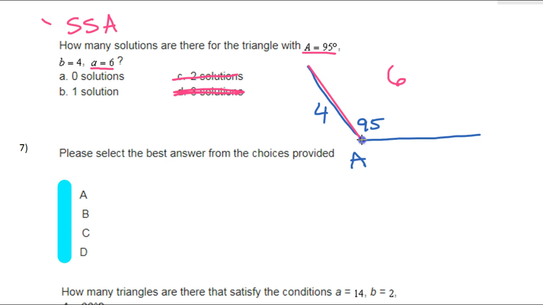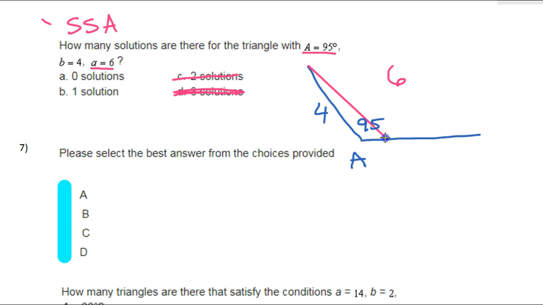If this other side were exactly 4, it would just make a straight line. It would just barely touch the ground, but it wouldn't make a triangle. In order to make a triangle, it has to be longer than 4, because notice as I move in this direction, see how it's stretching out and getting longer and longer? So as long as it is longer than 4, it'll make a triangle.